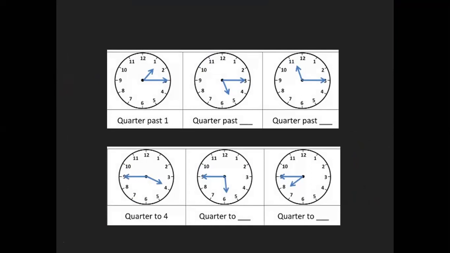So let's try answering this one. For example, we have this. The hour hand is between 1 and 2, and the minute hand is pointing at 3. Therefore, this is 15 minutes after 1 o'clock. So it is described as 1:15. Now what about this one?